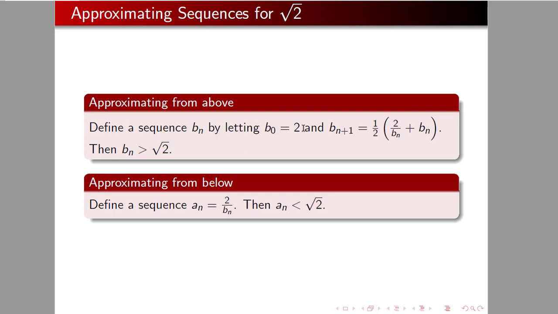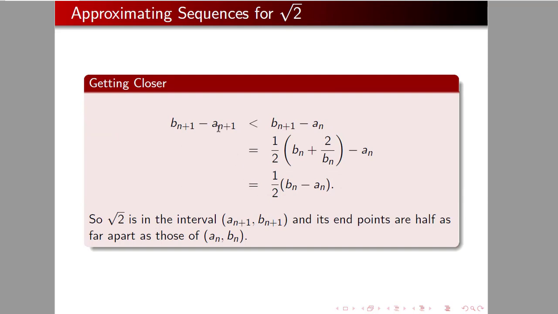I'll let b0 equal 2, and then I'll let any new approximation, bn plus 1, be 1/2 of 2 over the previous approximation plus the previous approximation. And I can approximate from below by my an, which will be 2 over bn. So I will have my square root of 2 trapped between my an's and my bn's for every n.